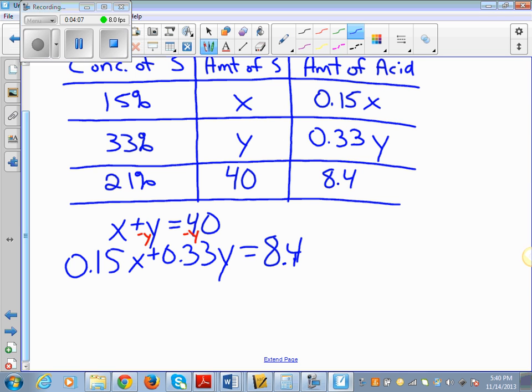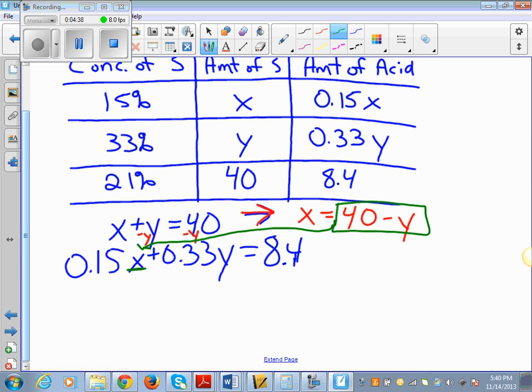So I can rewrite this as X is equal to 40 minus Y. Very similar to what we did in problem 1. So if we know that X is equal to 40 minus Y, we can substitute or replace the X in this equation with 40 minus Y.